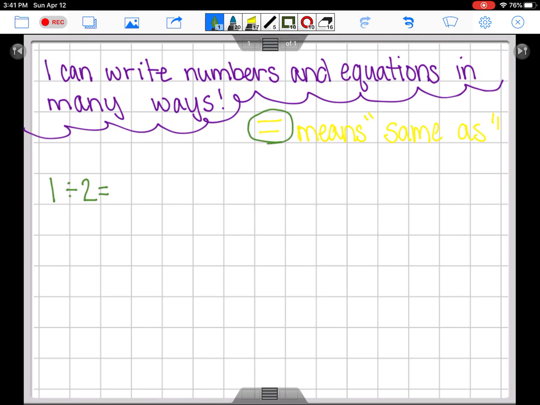So I want to give you some of these tools to help remind you that we can convert or rename or rewrite our division problems in different ways that let us use different strategies.